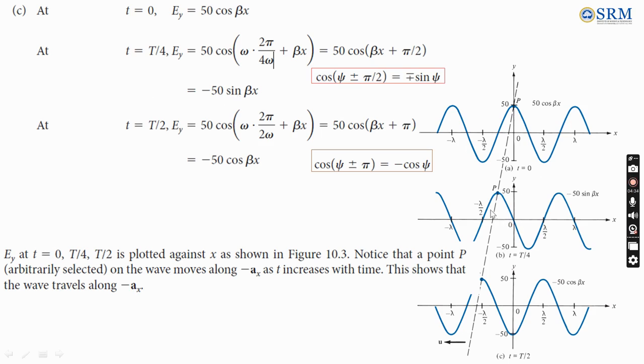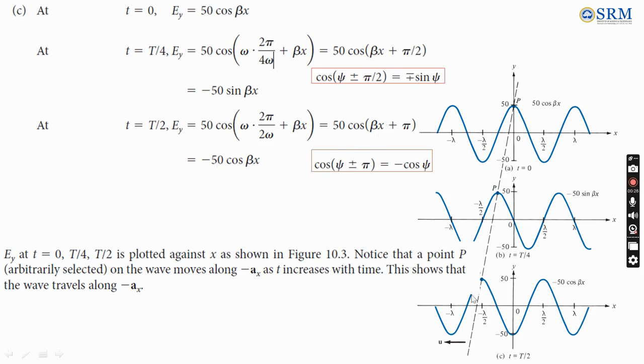Now we are drawing the wave for t equal to T by 2. If we substitute in the given expression, we get 50 cos of beta x plus pi. We know the property that cos of angle plus or minus 180 degrees is nothing but minus cos of the particular function. So it is going to be minus 50 cos beta x.